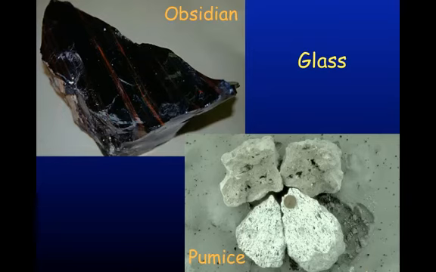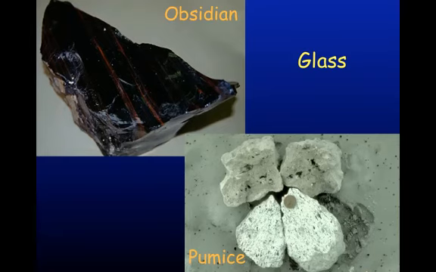Now you've also seen obsidian before. Pumice is also glass. It's just a frothy glass. And I want to show you this again because look at the color of the obsidian. That black color of the glass could be misleading to you. It's actually rhyolite in composition.